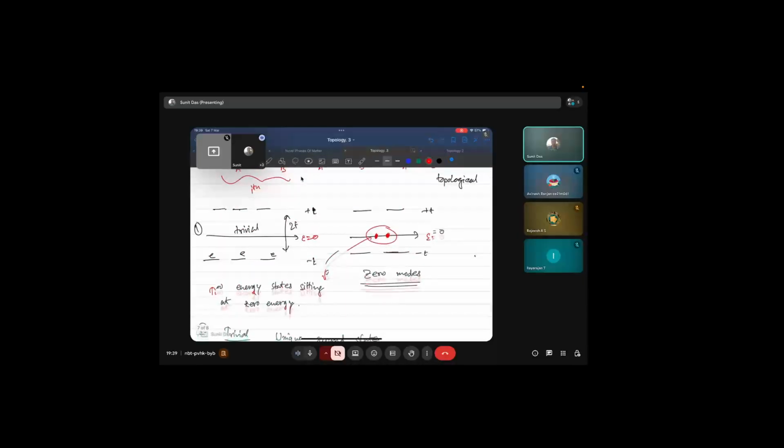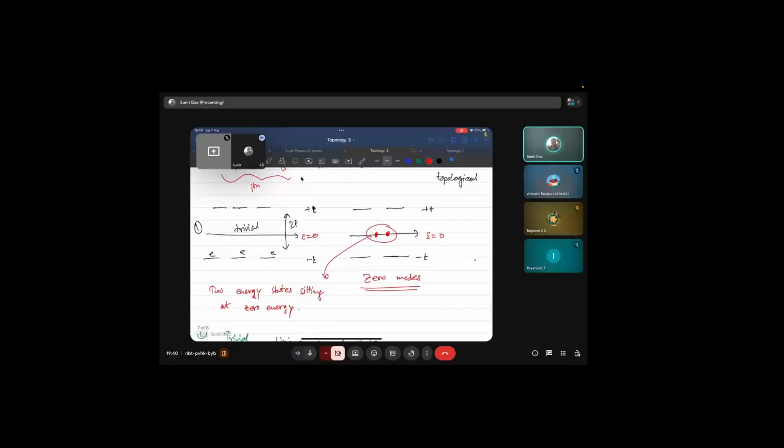Again, what do we mean by half filling? We have a total of six energy states here also, right? The number of atoms is the same, so the number of energy states has to be the same. So we have a total of six energy states in the topological case as well. But the only point is that we had two minus T energy states, two plus T energy states, and two energy states exactly sitting at energy equal to zero. Okay.